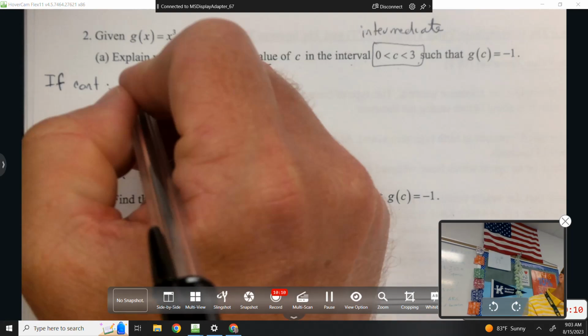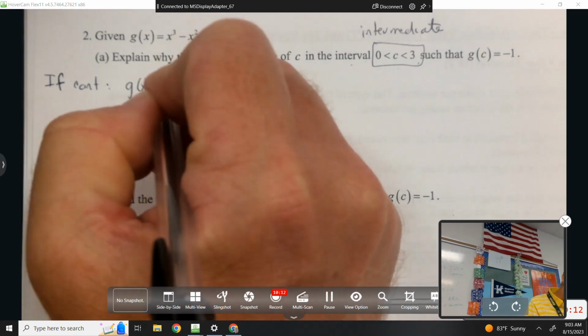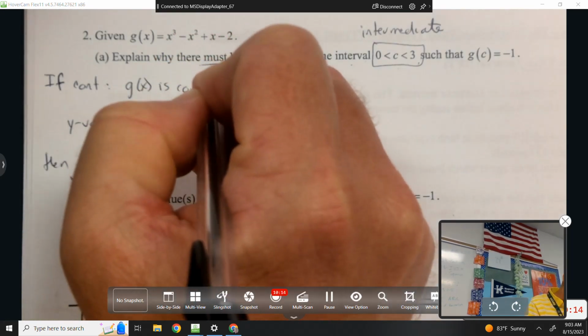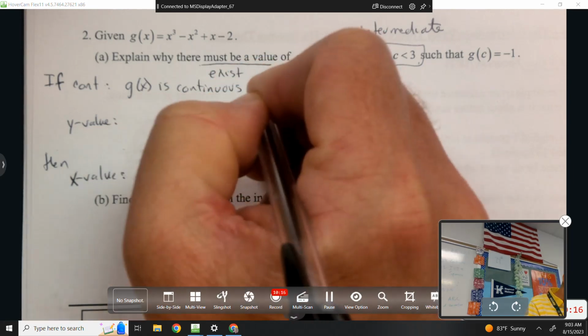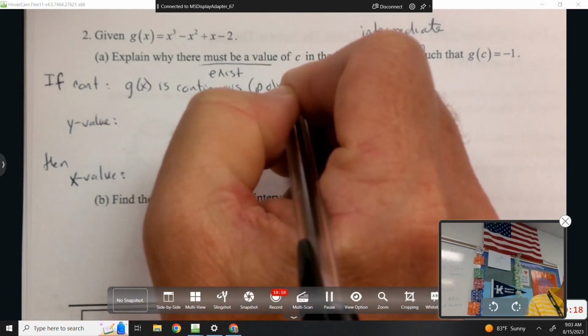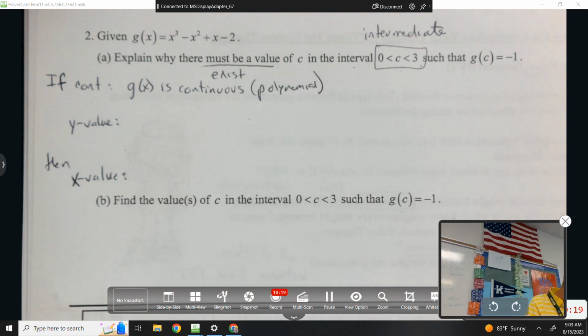So for this one, I can just say g of x is continuous because it's a polynomial. All polynomials are continuous, so we like them on this stuff because you don't have to worry about proving or showing that something's continuous.